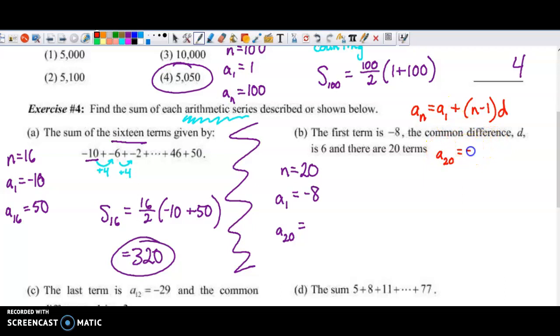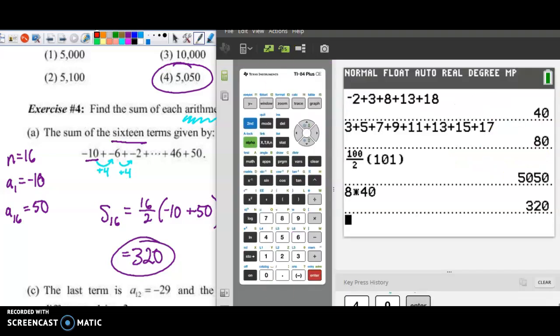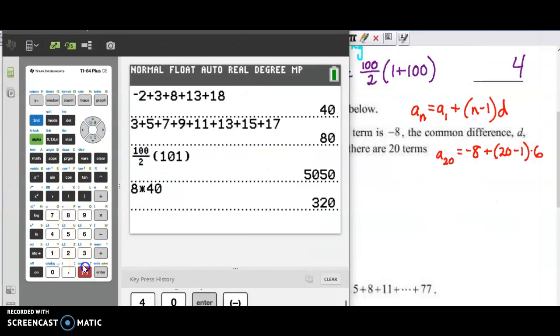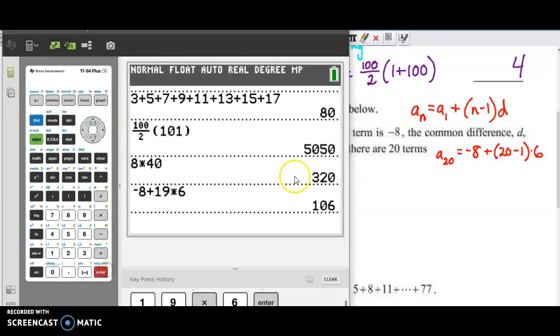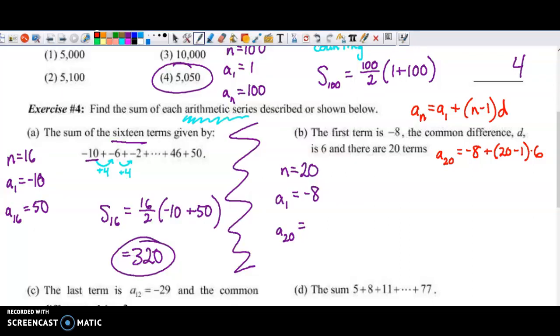Well, I could use that the first term is negative 8 and n is 20 and the common difference is 6. So from this I can figure out, using a calculator, negative 8 plus 20 minus 1 is 19 times 6. Well, the last term must be 106 then. So why do I need to go through that work?